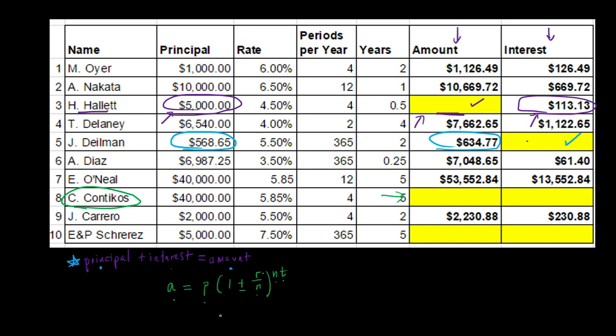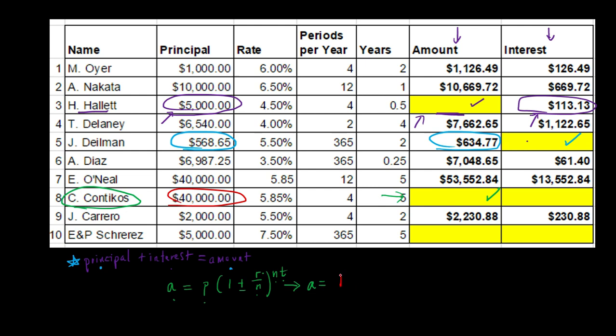So I can solve for amount in this box by using this equation, and I'll help you set this one up. So if I want to know amount, I first need principal. So let's find principal. For K Conticos, principal is $40,000.